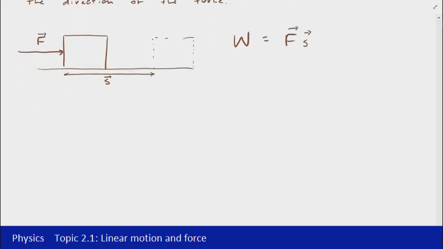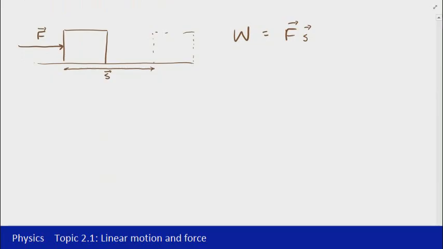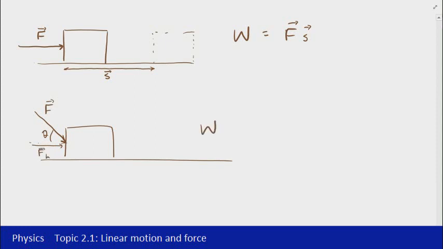Just to mention it here, we're not going to actually need to worry about it, but just as a brief side note, so don't bother writing this down, if the force was at an angle, then what we'd be interested in is the direction of the force that causes the movement. So if that was our force there, in this case it would be horizontal, so we'd be looking at the horizontal component, that would be F cos theta, and then we'd multiply that by the displacement, which is usually expressed as Fs cos theta.